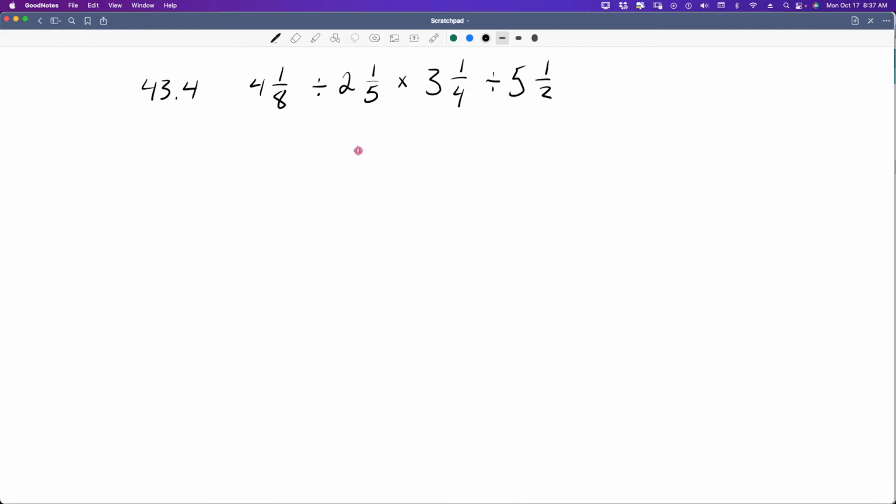First step. Number 1, improper fractions. All right, that is the first step.